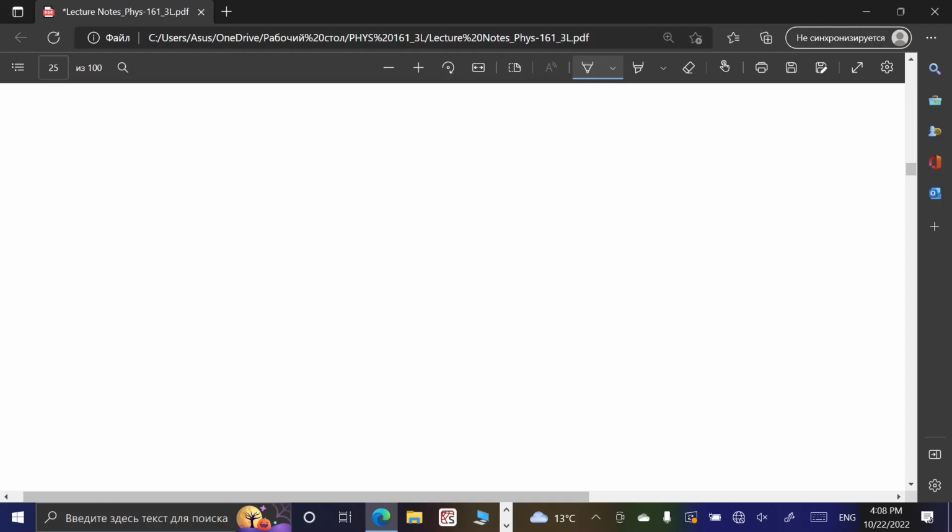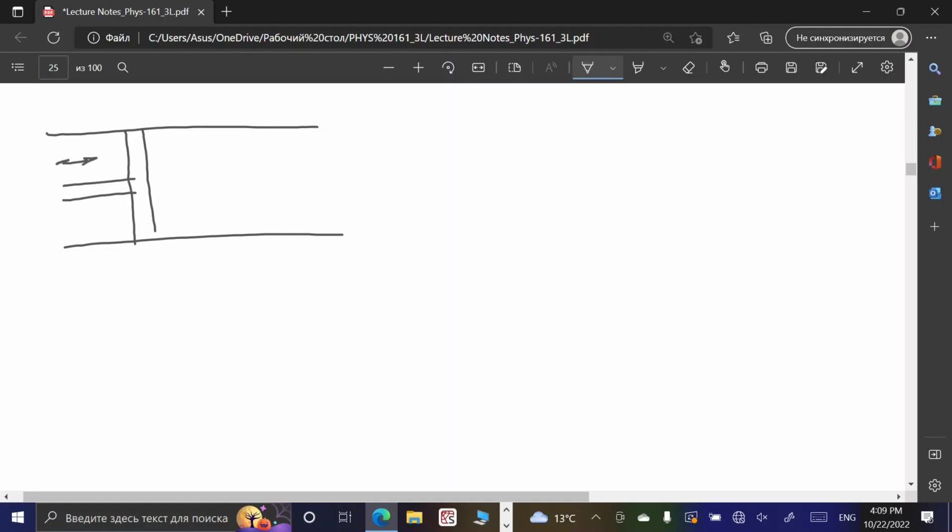So we consider some model system. Again, it will be a cylinder with a piston, which vibrates with certain frequency. So it provides this energy to the air inside the cylinder. We have this small element of air with some mass dm.